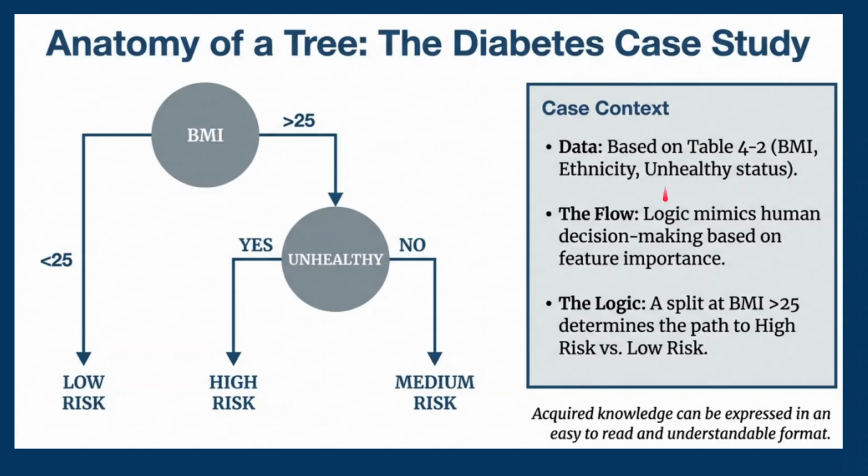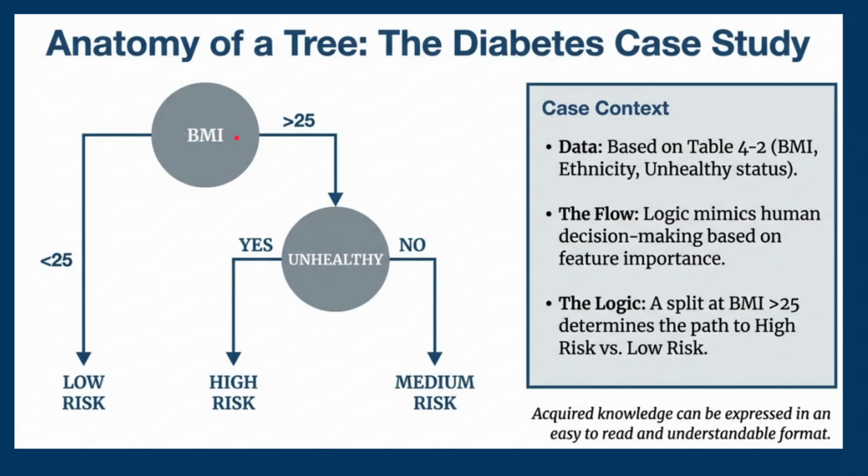So these are the data, and the flow is logic that mimics human decision making based on the feature importance. So the flow is like this. If it is greater than this value or less than this value, accordingly the cases will flow. And the logic is a split is made at BMI 25. If it is greater, it determines the path to high risk. Okay, so this is the high risk path.